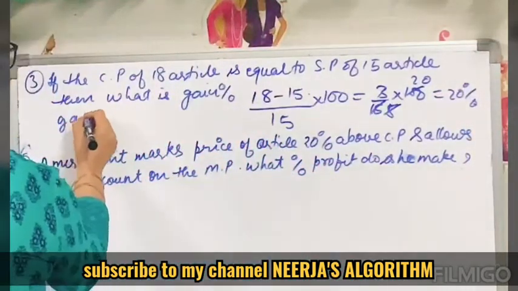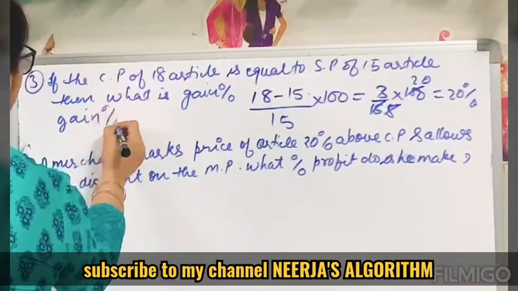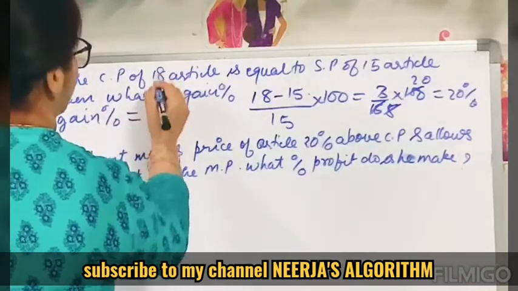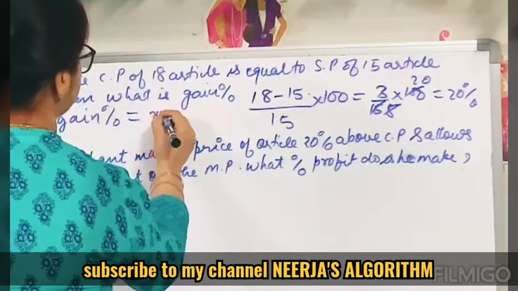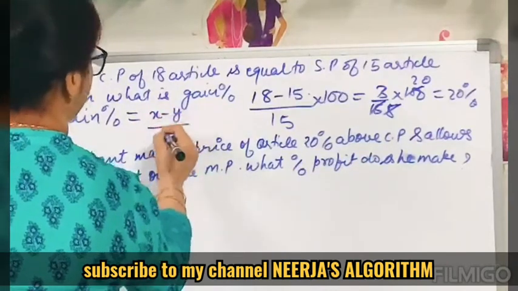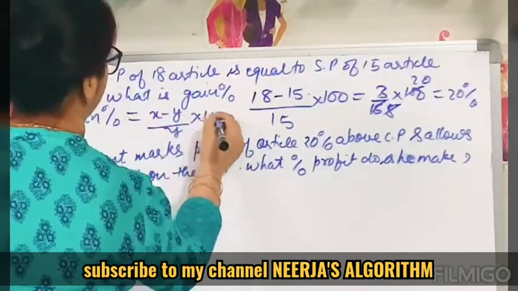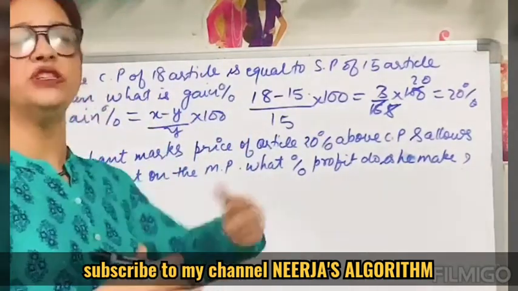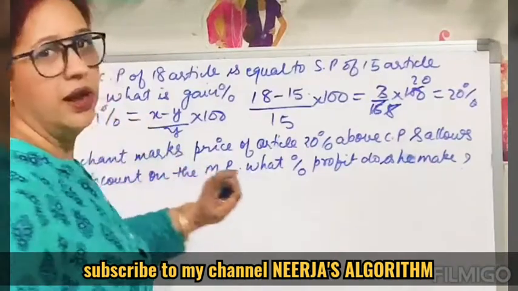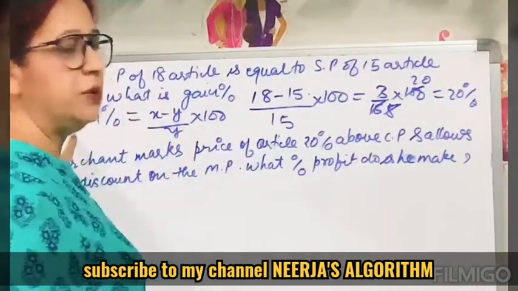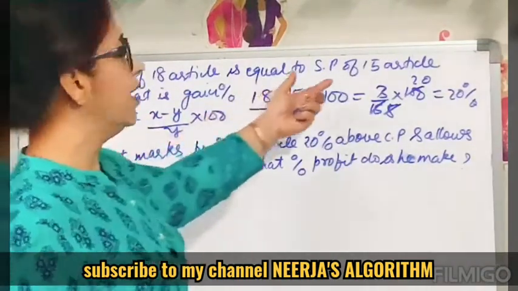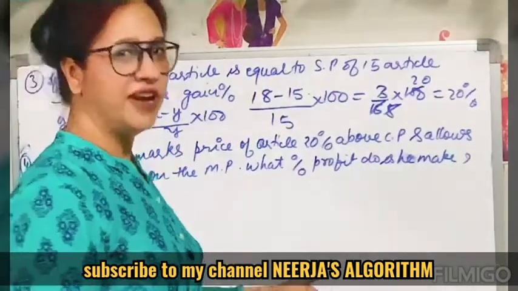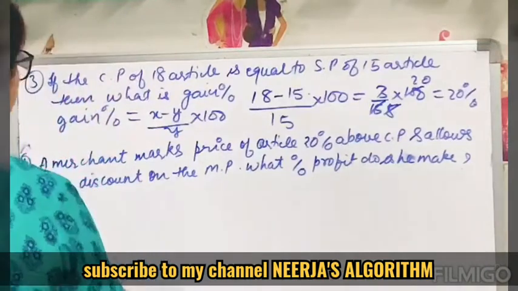Please make a note of that. When a question of this type comes, the gain percent equals x minus y by y into 100, meaning the cost price minus selling price. Whichever is more, you need to keep it here. If it is a loss percent, do the ulta of that. If the SP is more, you will get the loss percent. Fine, I know that you will understand everything.